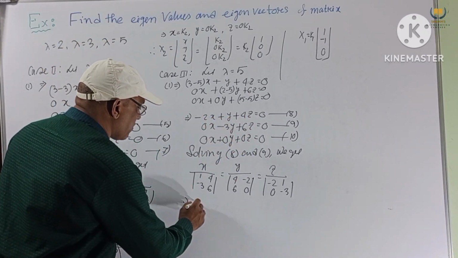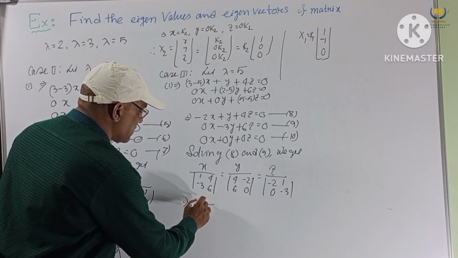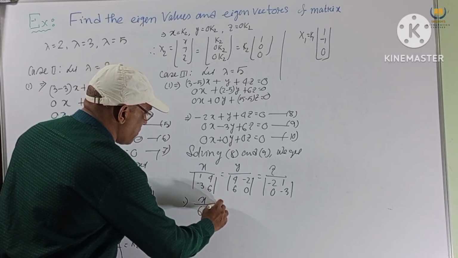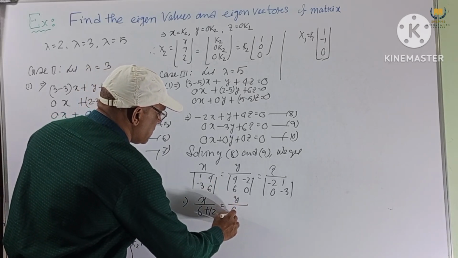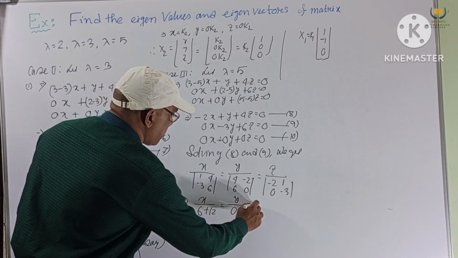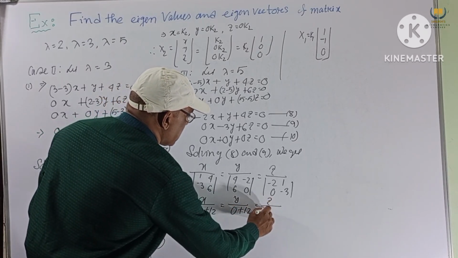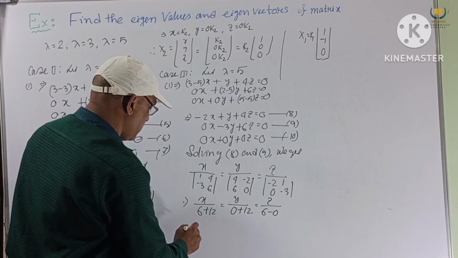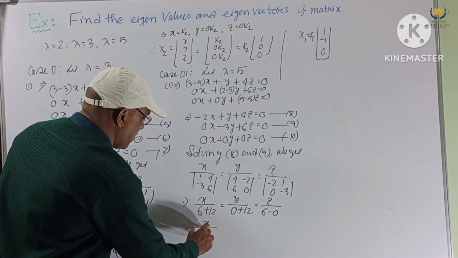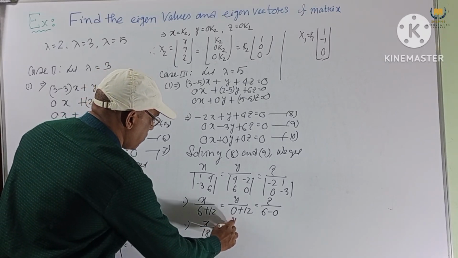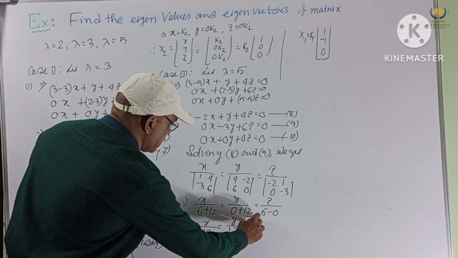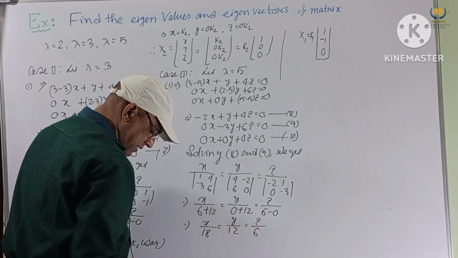Now we calculate x by 6 plus 12, y by 0 plus 12, z by 6 minus 0. So x by 18, y by 12, z by 6.